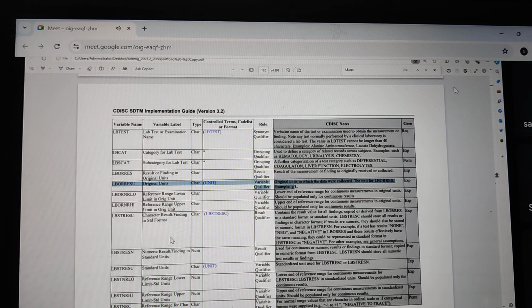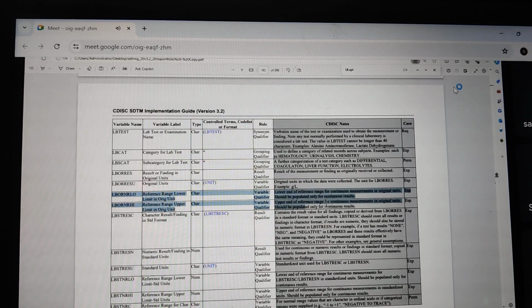The next are LBORNRLO and LBORNRHI. These two are the new variables when it comes to the LB. You have seen the test code, results, units, and the standard results, character standard result and numeric standard result, these variables in vital signs, another findings domain.